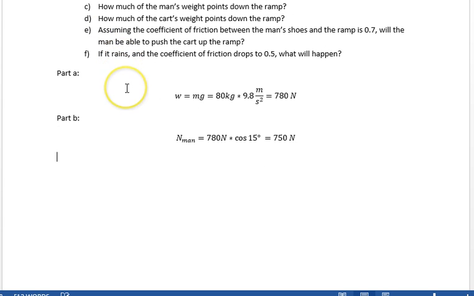Part C. How much of the man's weight points down the ramp, parallel to the ramp? I'll call it force parallel.